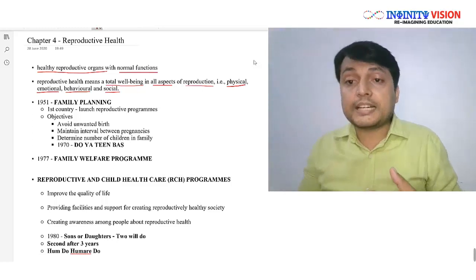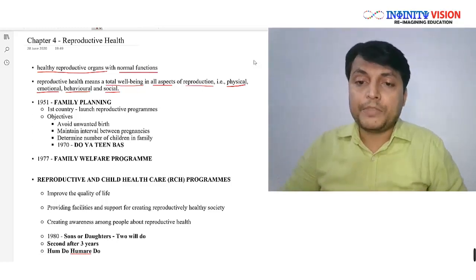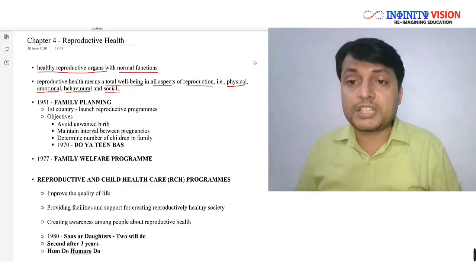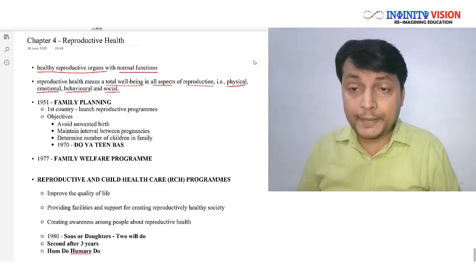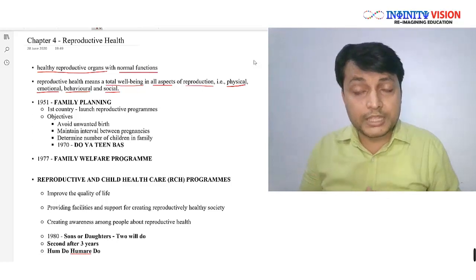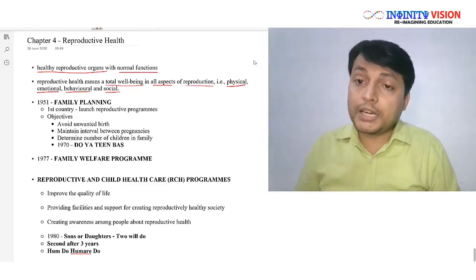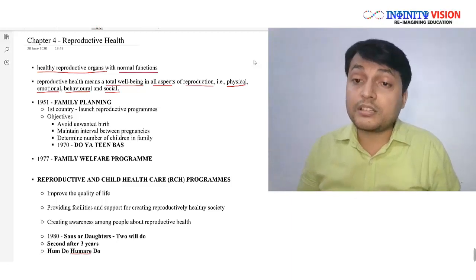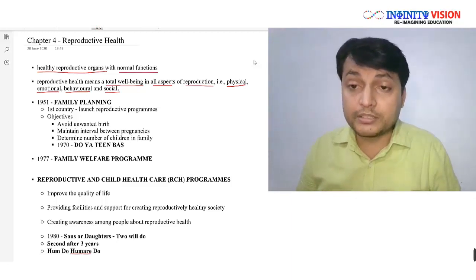Great. Now, if we consider the different societies present on this planet, we find most of them are not reproductively healthy. Why? Because in most such societies, talking about sex and reproductive organs is considered a taboo.